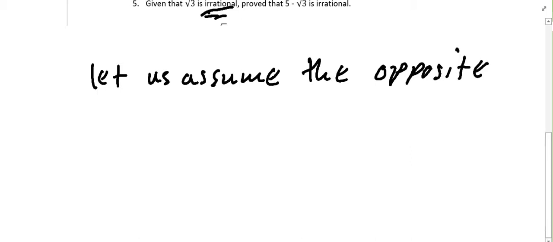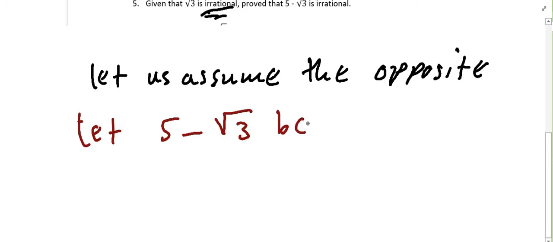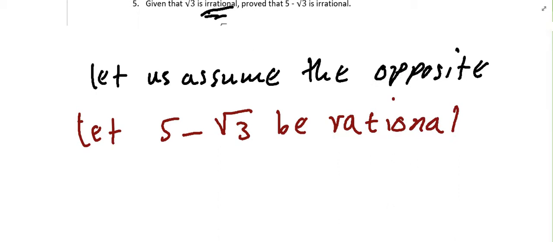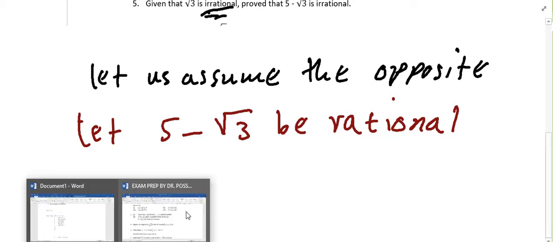So we are saying, if we assume the opposite, we are just saying let 5 minus square root 3 be rational. Okay, so this is an assumption. So we let that guy be rational.